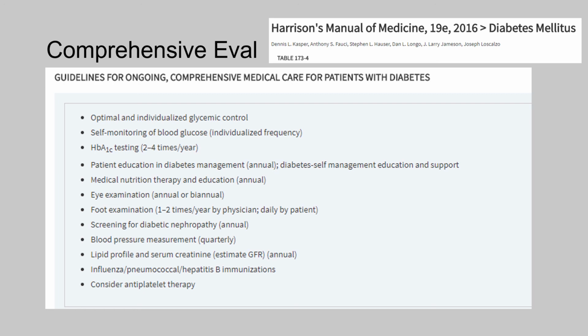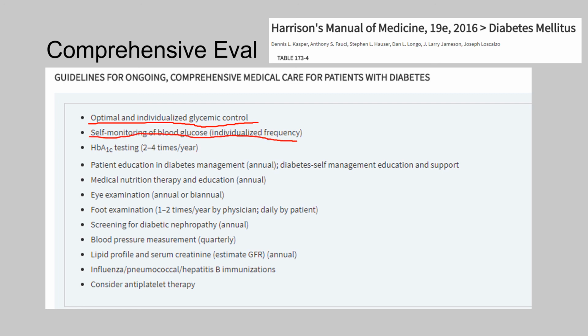So things that we're going to be doing both at an initial visit where someone's being diagnosed for diabetes and then for ongoing care. So we're going to be talking with them about their glycemic control and how we can get that optimized. We're going to have them check their blood sugars at home.